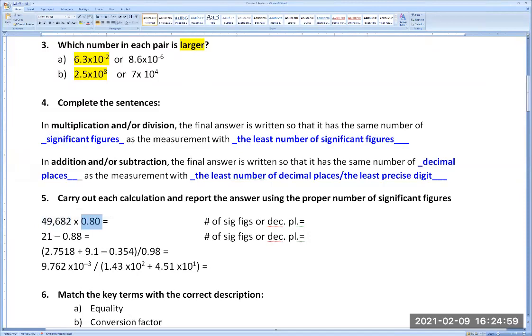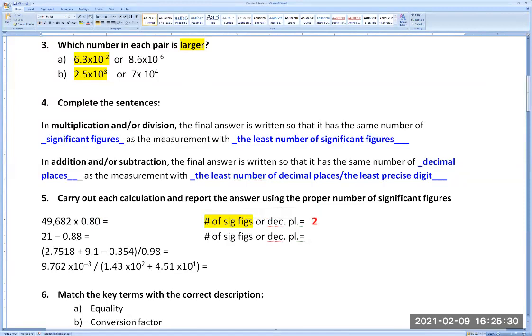And in this number, how many significant figures? Remember how the 0 to the left is not significant until you reach a non-zero digit, and then everything after is significant. So here the 0 to the right is significant, and so we have 2 significant figures here. The least number out of these 2 numbers is 2.